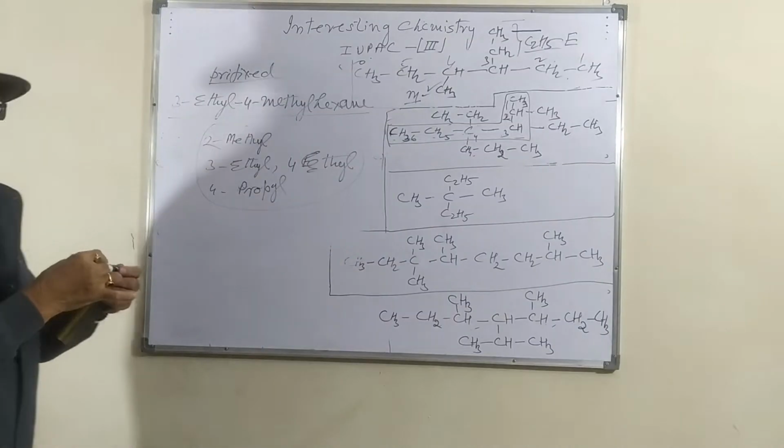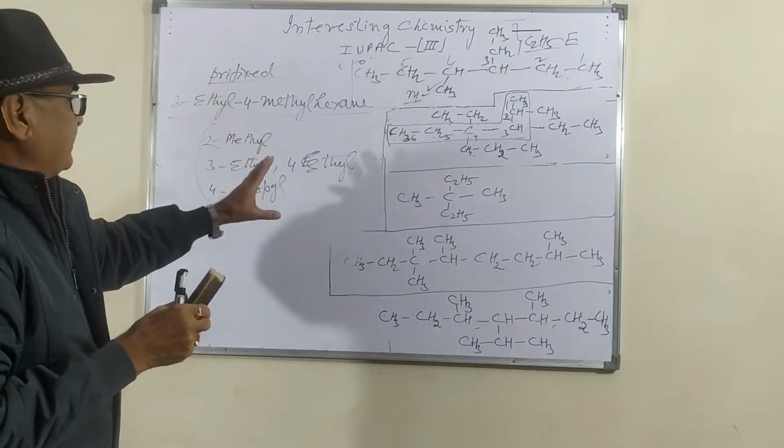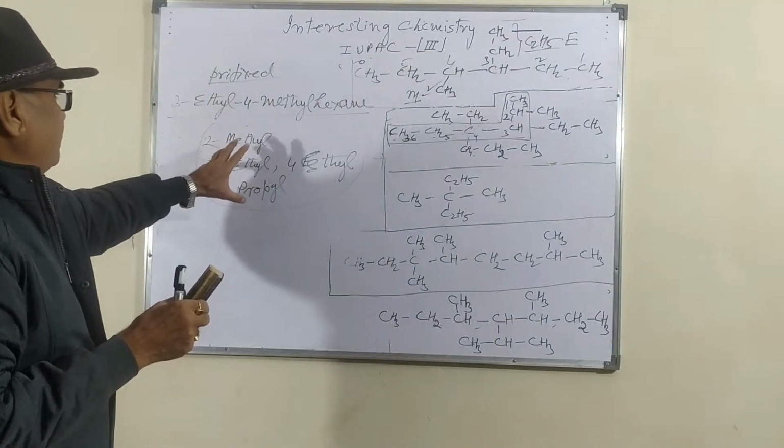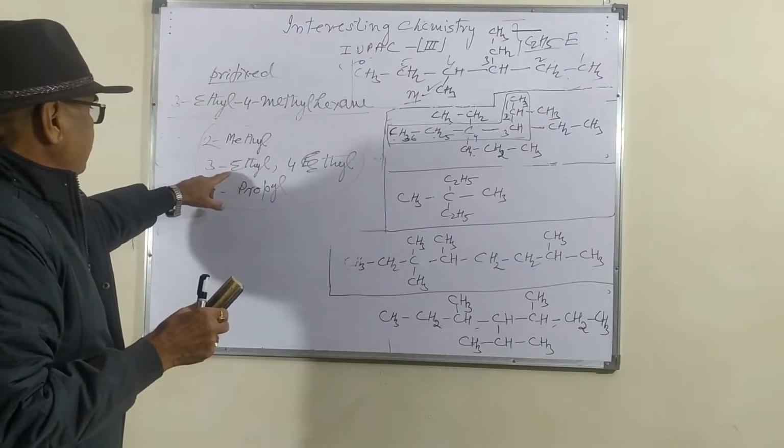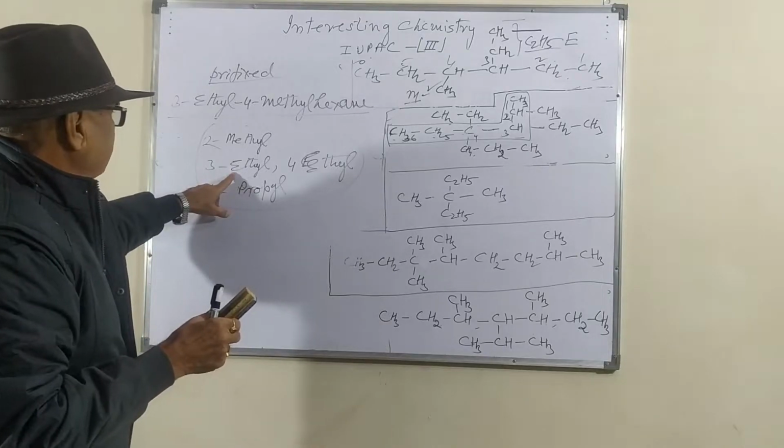How will you write the name of these substituent groups? You shall write them in alphabetical order: M, E, P, so ethyl and propyl. Ethyl will come first.